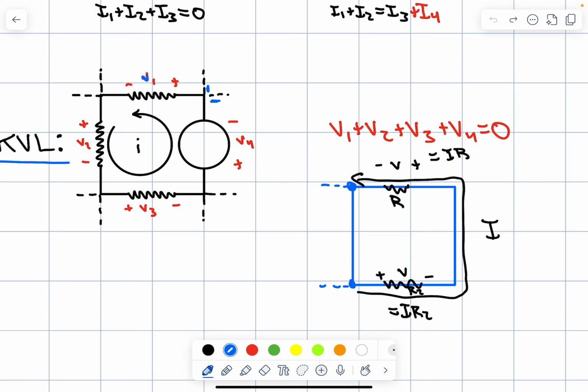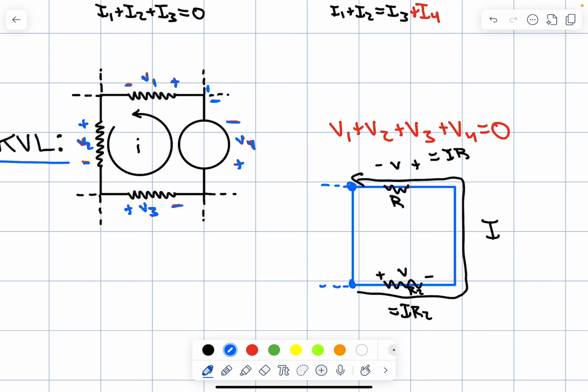So the voltage drop here, V1, across this resistor, plus the voltage drop across this component, plus the voltage drop across this component, or this whole wire, there might be multiple components, plus the voltage drop across this one.